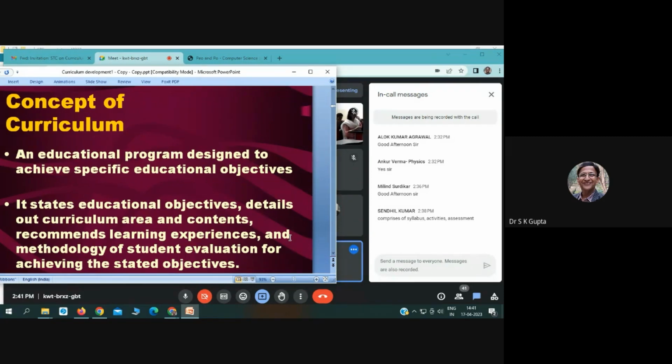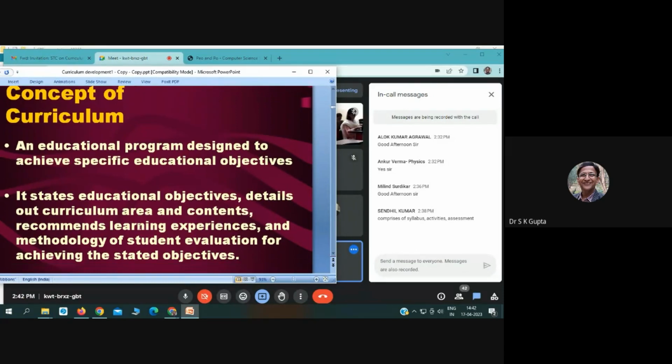Through curriculum, we want to achieve our specified educational objectives, then it details out curriculum areas and contents, through which subjects we will be achieving our educational objectives, and what will be the contents of that subject or curriculum area. We call a subject a curriculum area.